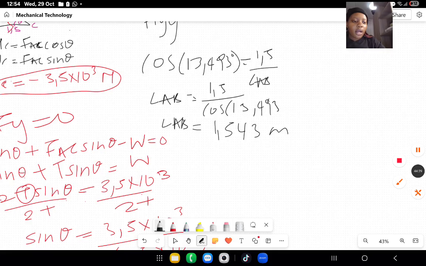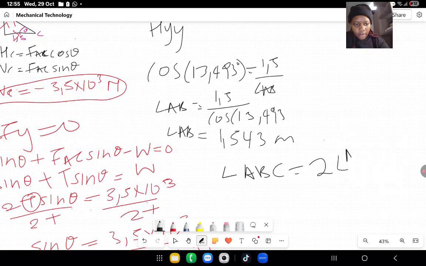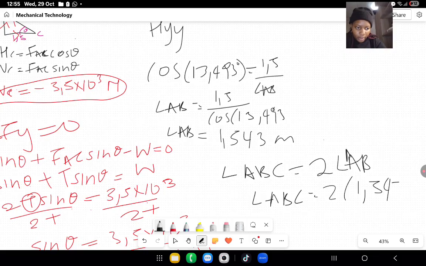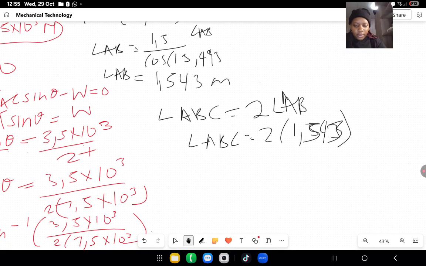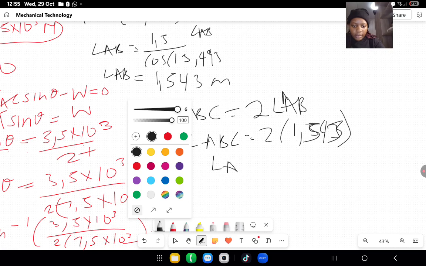Since we have the length of LAB, we are looking for the shortest length for L. So LABC equals 2 LAB, which is 2 times 1,543, which equals 3,086 meters. This is our longest side.